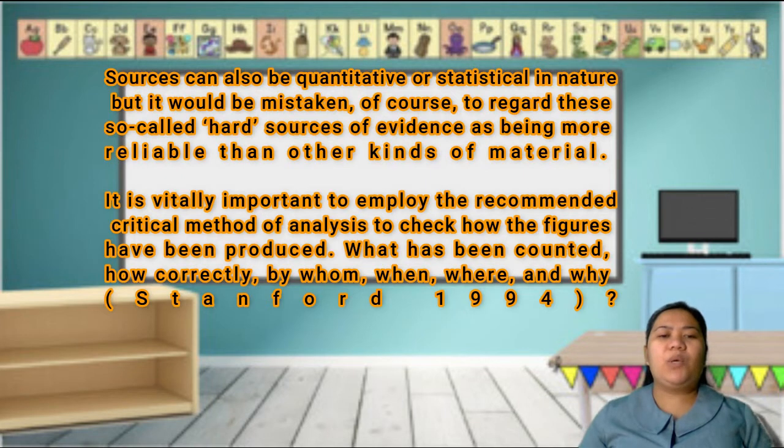Sources can also be quantitative or statistical in nature, but it would be mistaken, of course, to regard these so-called hard sources of evidence as being more reliable than other kinds of materials. It is vitally important to employ the recommended critical method of analysis to check how the figures have been produced, what has been counted, how correctly, by whom, when, where, and why.